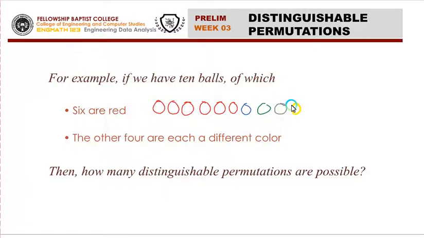So, may ara kita pulo ka bola, and then anom dari is red, ang ibang nga colors is of different colors. So, pila ka distinguishable permutations are possible with this one.